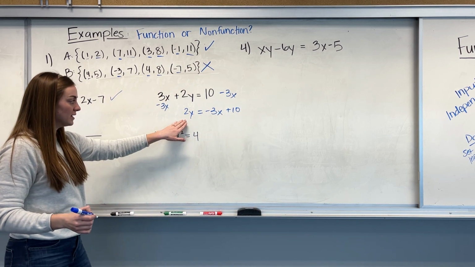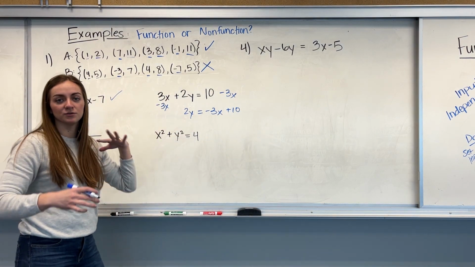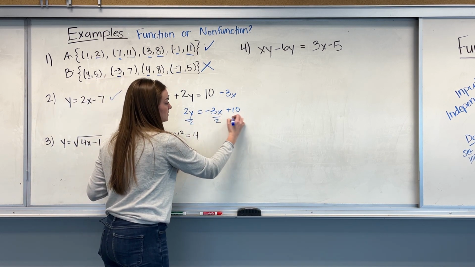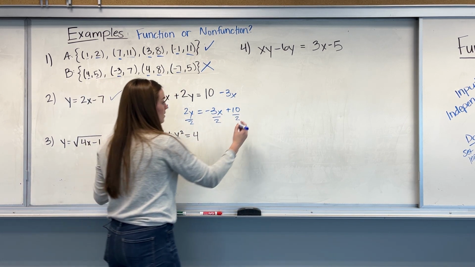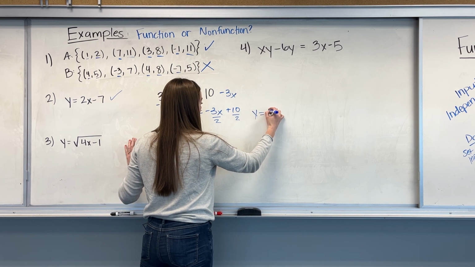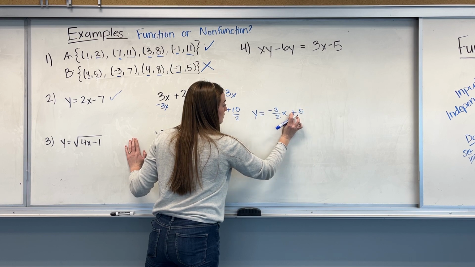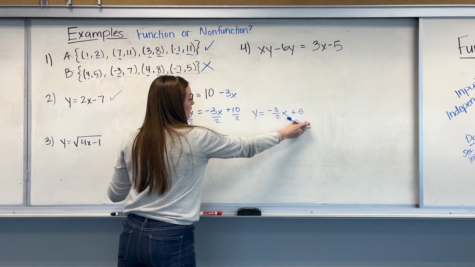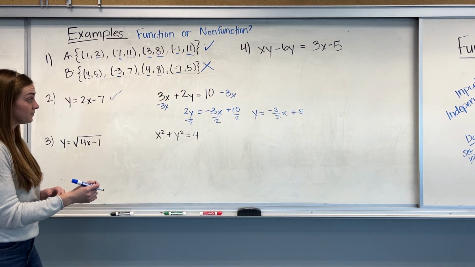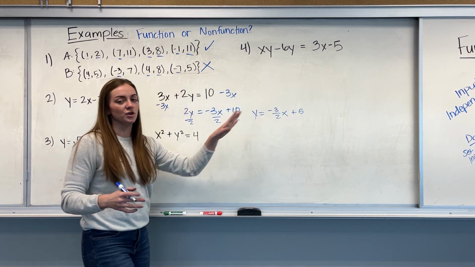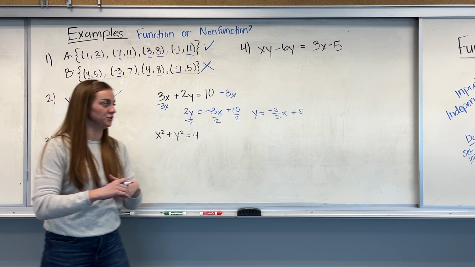And then to get y by itself, 2 is just multiplied by y, so to undo that, we'll divide by 2. And we'll do that to all of the terms to keep it even. And then this will give us y equals negative 3/2 x plus 5.